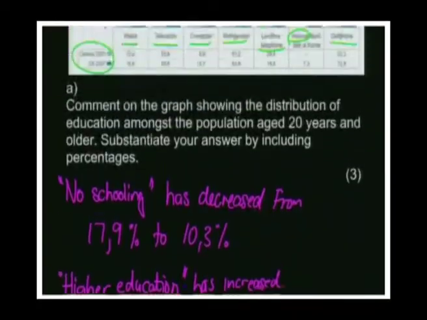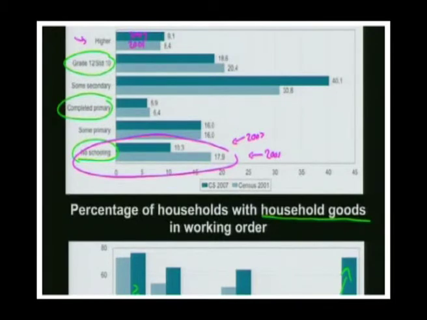And for this question, you might like to write a sentence that says, the amount of people over 20 who have a higher education degree has become more from 2001 to 2007. Let's have a look at others.